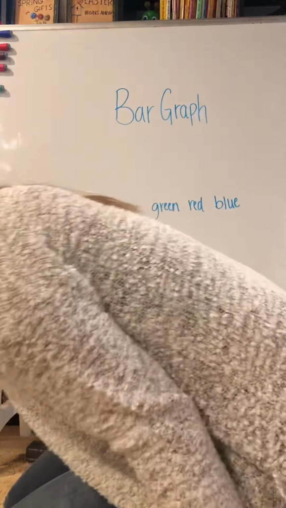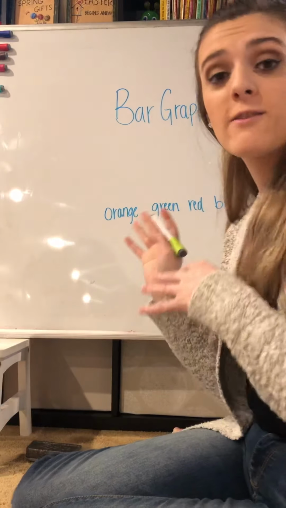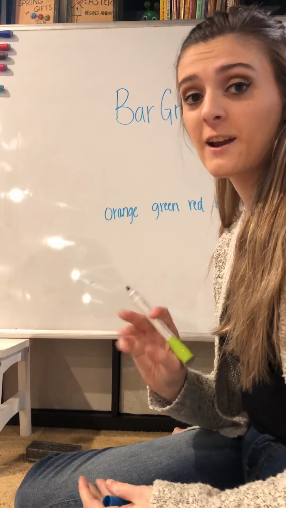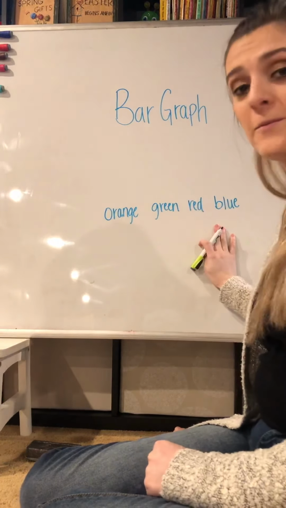If you don't have these colors, you can come up with colors that you do have in your refrigerator. But for me, I know that I have orange, green, red, and blue.